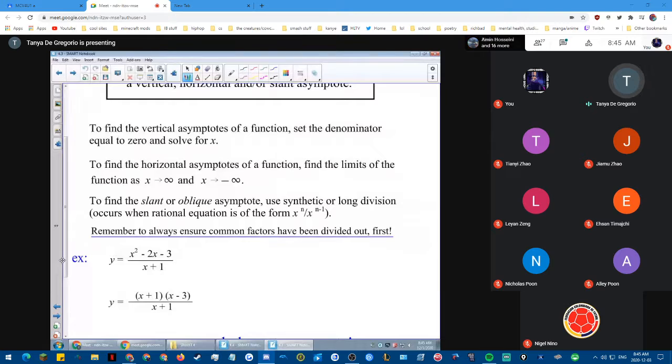To find the slant or oblique asymptote, you have to use synthetic or long division. This will occur when you have a smaller degree in the denominator than in the numerator. That's when you have a slant asymptote. So something like x cubed over x minus 2 squared, so you have a degree one higher than the denominator.